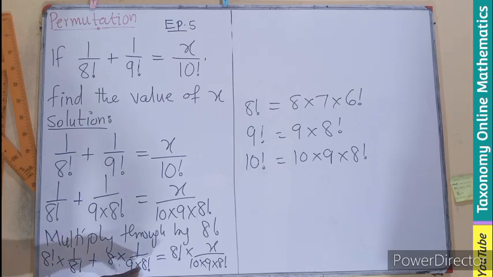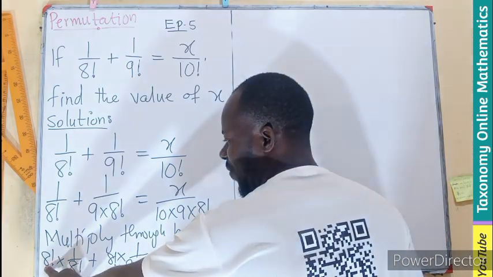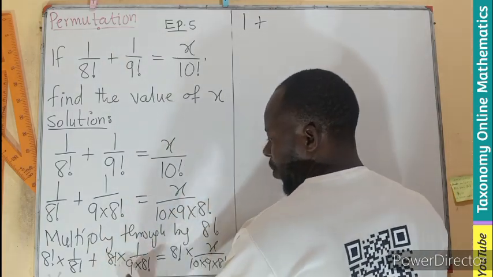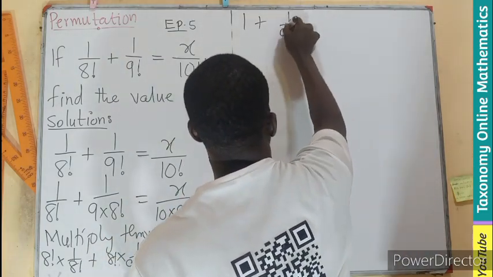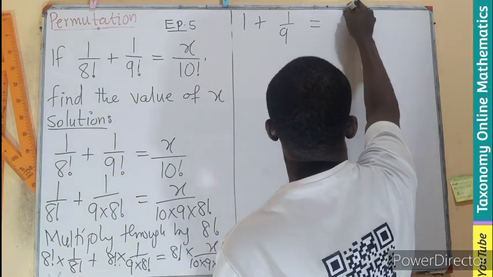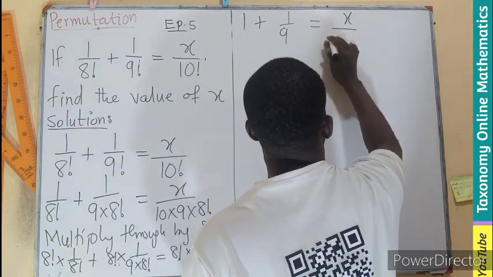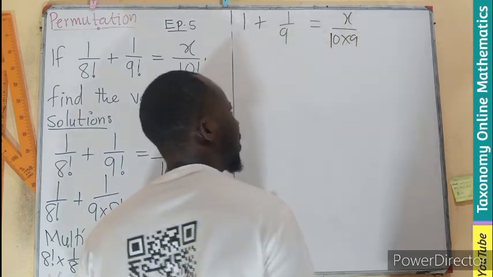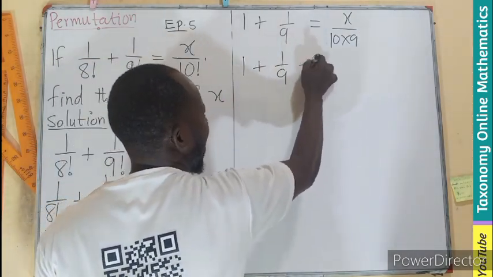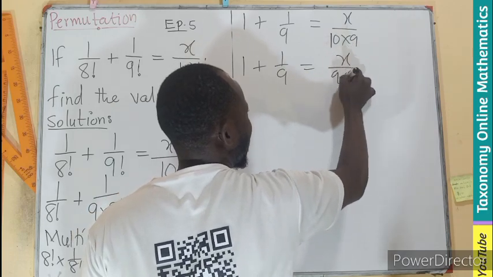The 8 factorials will cancel themselves. So check from here, 8 factorial cancels 8 factorial, giving you only 1. Then 8 factorial cancels to give you 1 on 9. On the right, 8 factorial cancels, giving you x on 10 times 9.